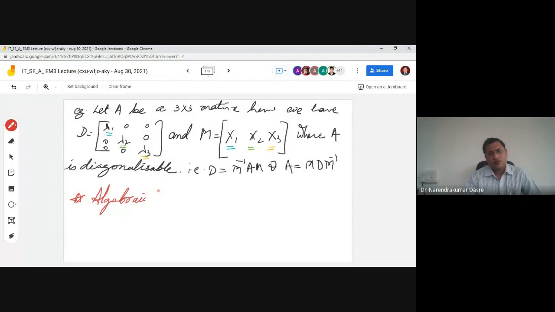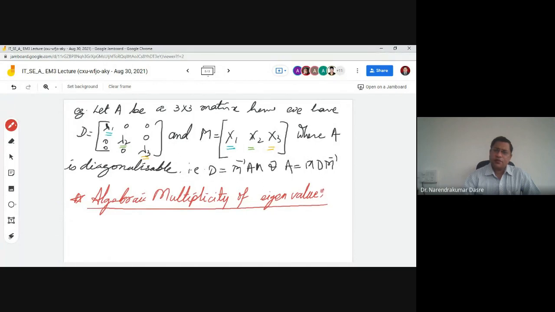So we have to consider the algebraic multiplicity of an eigenvalue. We need to understand what the algebraic multiplicity of the eigenvalue is. We can define this easily, but we have to revisit the characteristic equation.